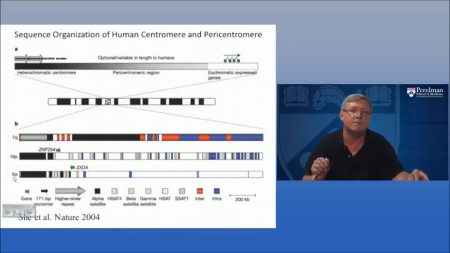In between, you have this boundary region where you have a mix of heterochromatin-like material along with euchromatic-like material, and very often segmental duplications are also particularly abundant in these boundary regions. So many of the gaps in the human genome reference sequence actually occur in these boundary regions that are in the pericentromere regions.